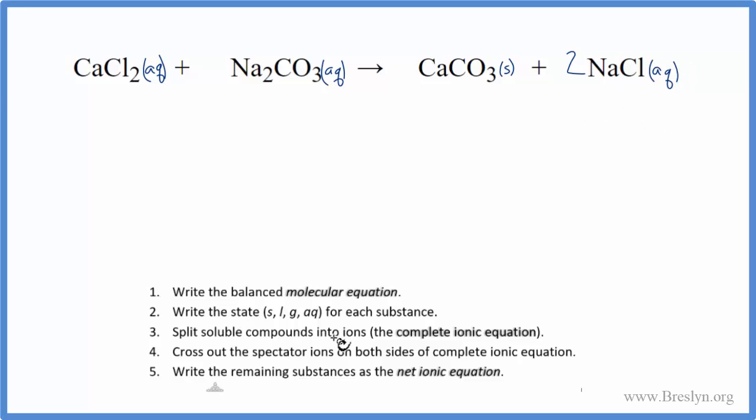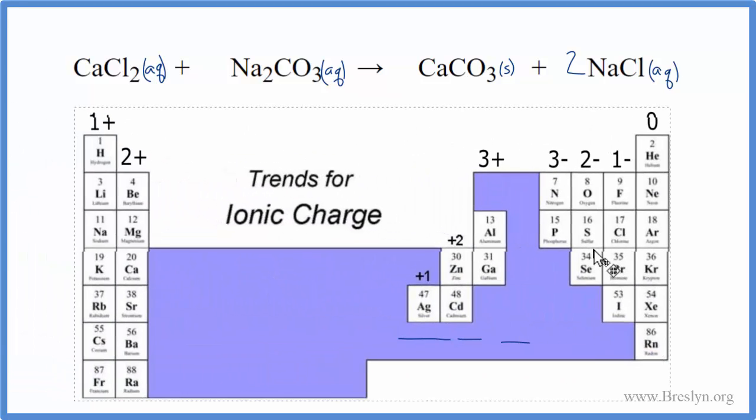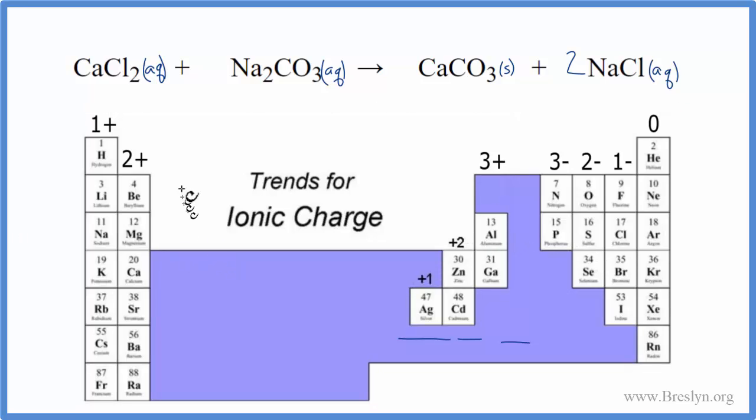Next, we'll split the soluble compounds into their ions, and this will be the complete ionic equation. To do that, we need to know the charge on each of the ions. It's helpful if you've memorized the charges on the periodic table. So we can look here, see calcium, that's in group 2. It'll have a 2 plus charge. Chlorine over here, 1 minus, we'll just write minus.